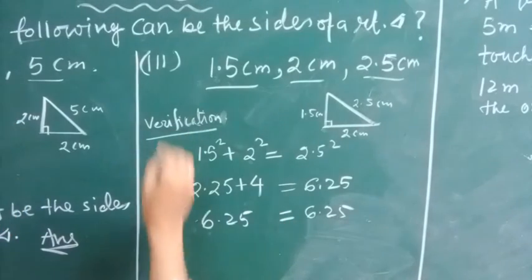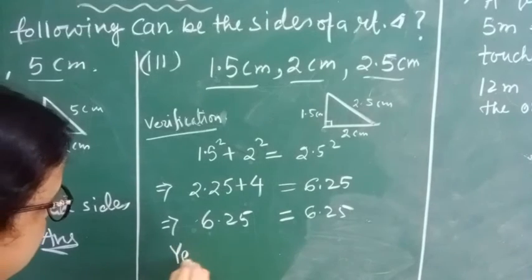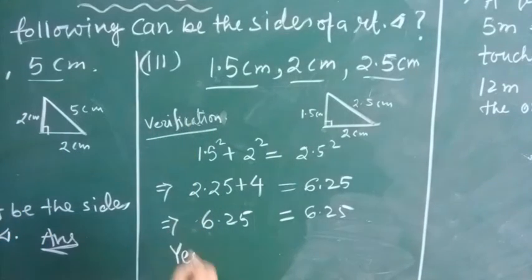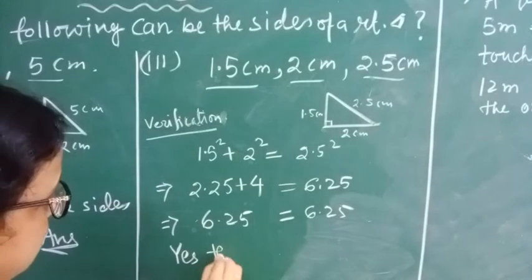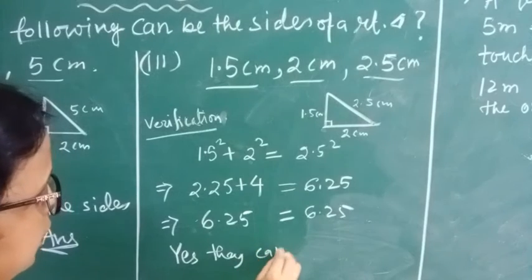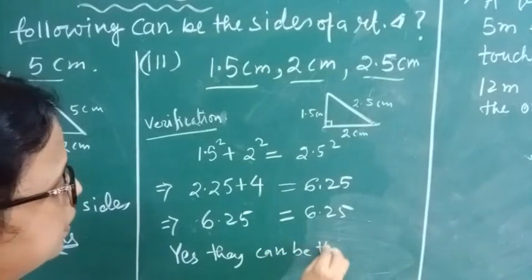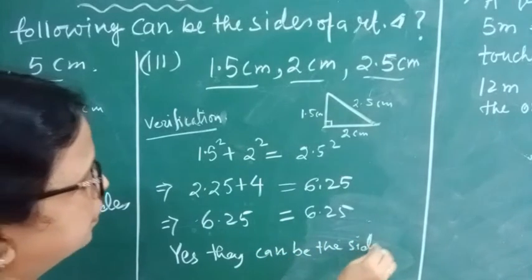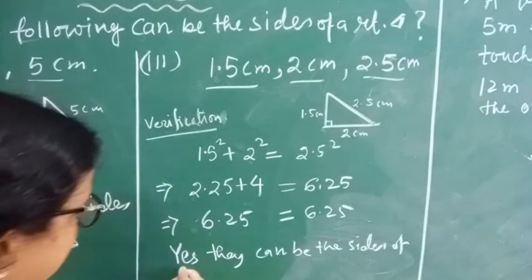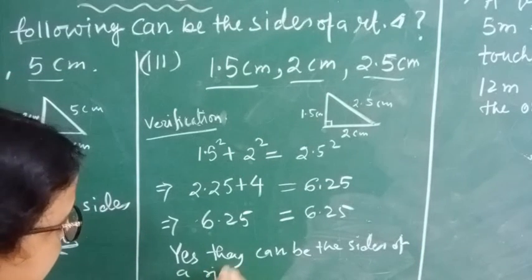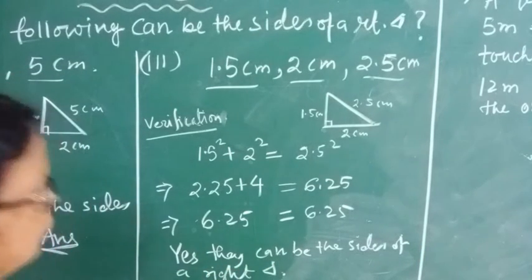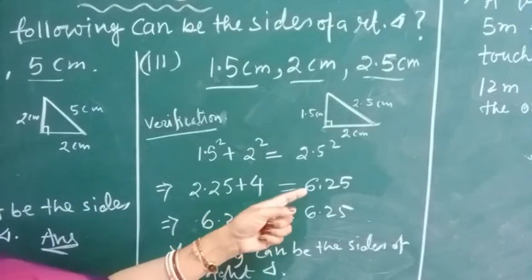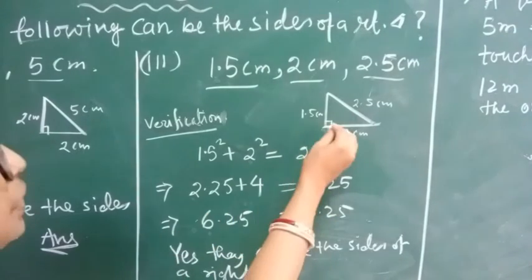So you can write that yes, these can be the sides of a right triangle. And which angle will be the right angle?